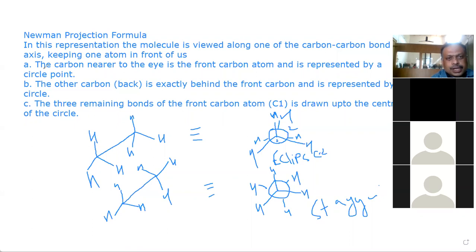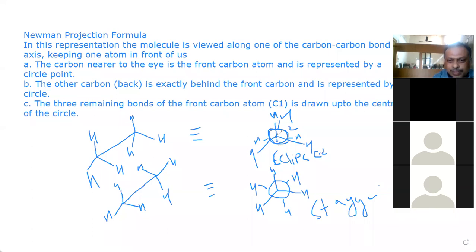In Newman projection, the carbon near to the eye is the front carbon atom, carbon 1, and is represented by a circle point. The other carbon, the back one, is exactly behind the front carbon atom and is represented by the circle. This circle shows the back carbon atom, carbon number 2. The three remaining bonds of the front carbon atom are drawn up to the center of the circle.